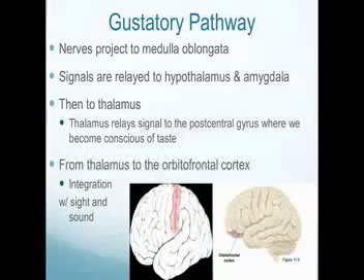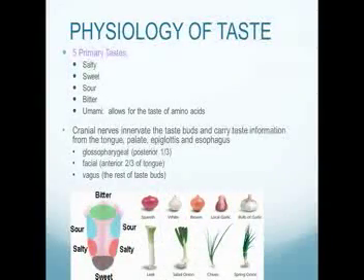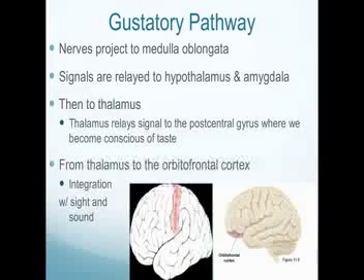All right, how does this actually work with respect to the brain, or what we call the gustatory pathway? These nerves that are picking up all these chemical molecules dissolved by the saliva, the glossopharyngeal, the facial, and then the vagus nerve that we just discussed, are actually going to project to the medulla oblongata. And then once that projection to the medulla oblongata occurs, you're going to have signals through other neurons that are going to be relayed into the hypothalamus and the amygdala.